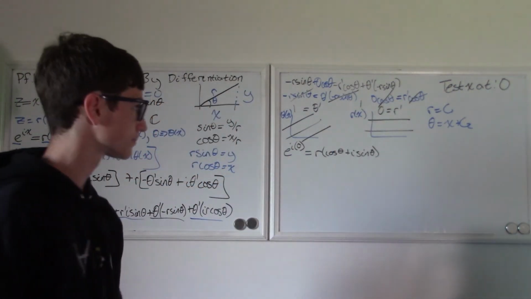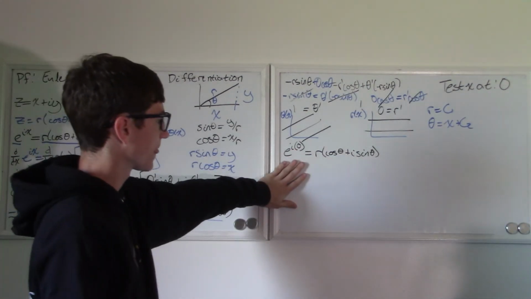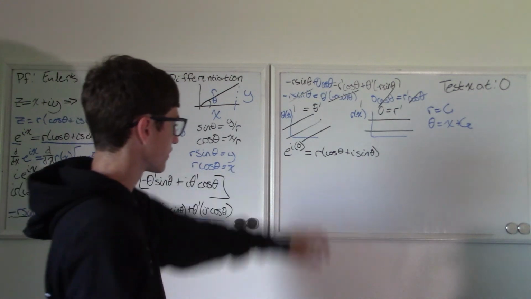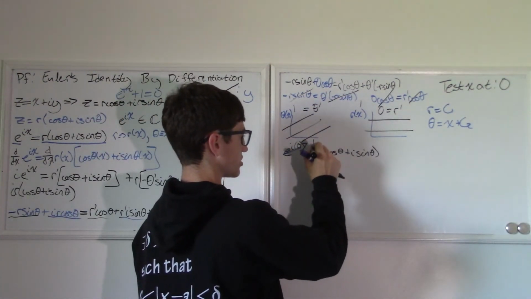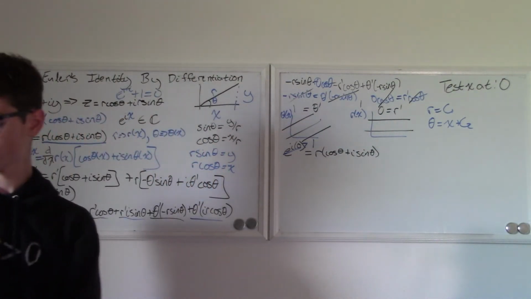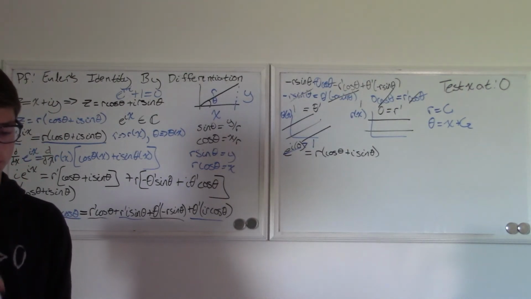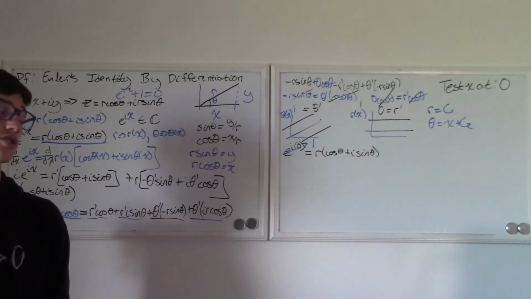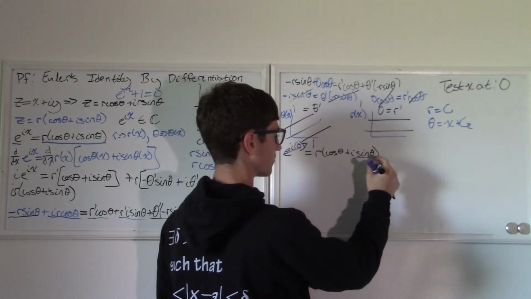Now, if this is the case, well, obviously on the left, e to the power of i times 0, e to the power of 0, that's just 1. Now we get 1 is equal to r times cosine theta plus i sine theta. Now notice on the left side we have a real number. There's no complex or no imaginary part. On the right, we have this imaginary part, i sine theta.